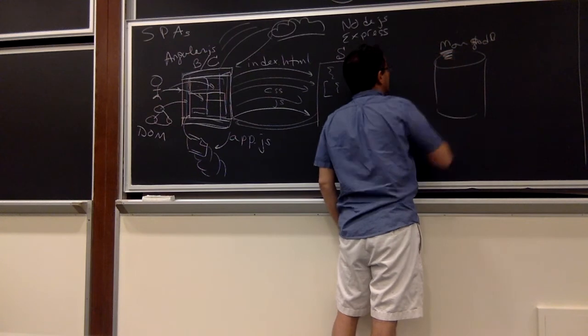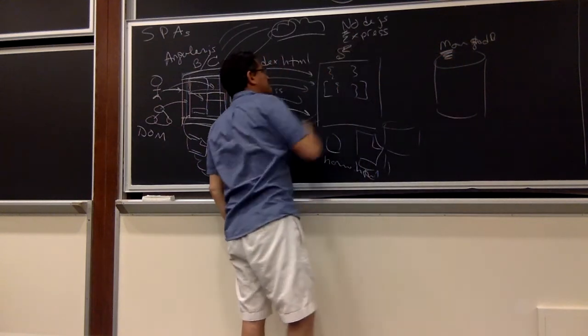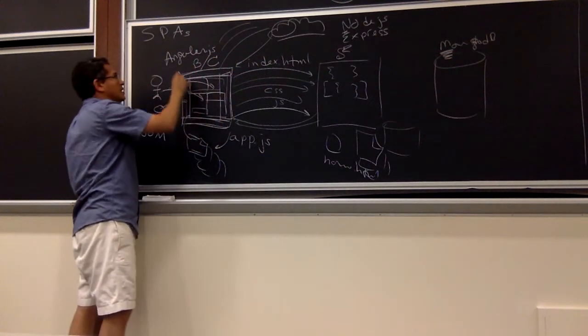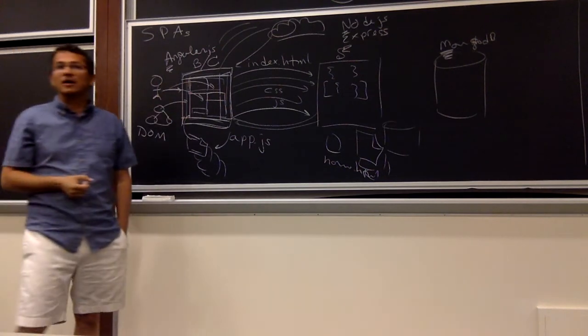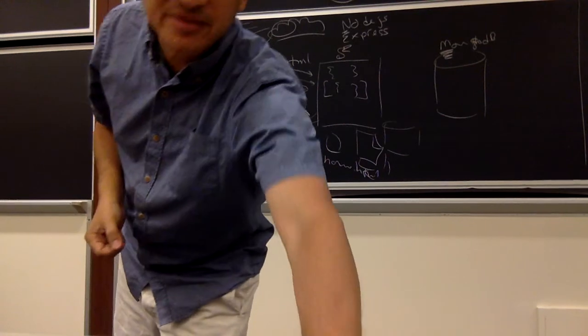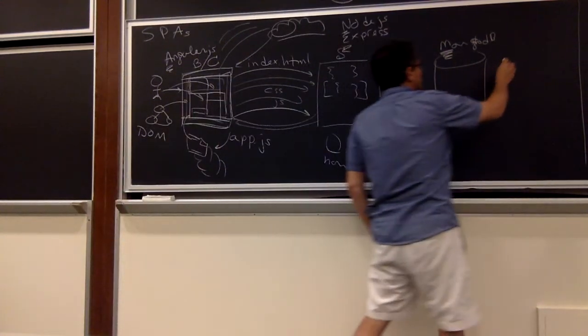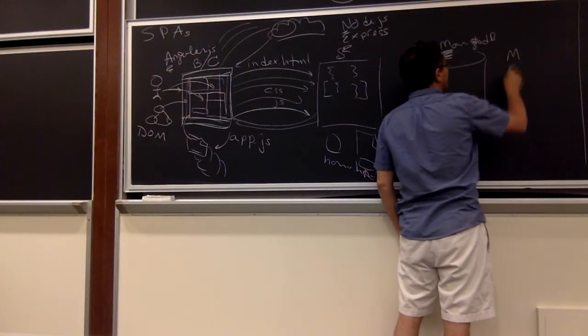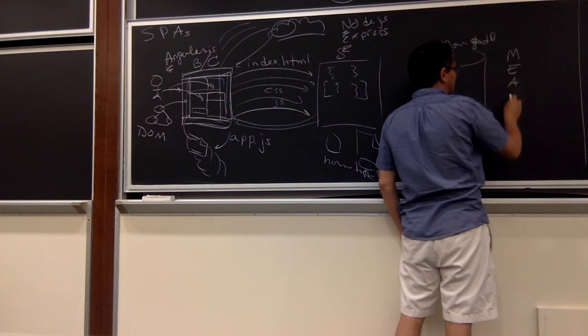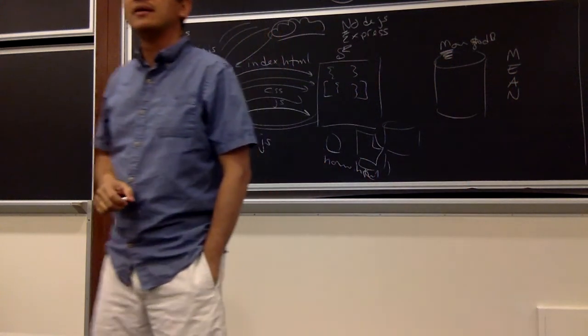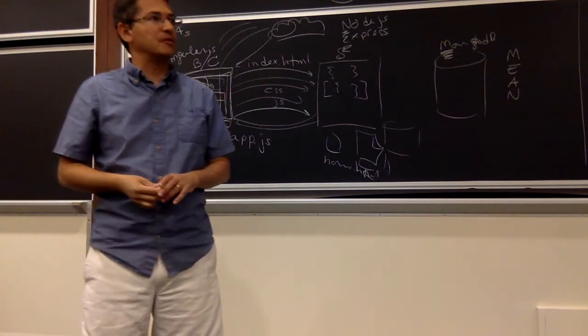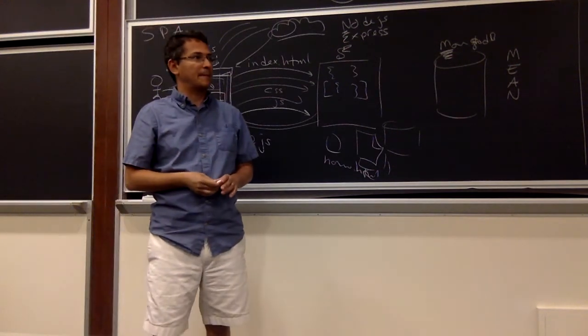And the first letters of each one of these libraries spell out the stack that we're going to be looking at this semester, right? Which is the MEAN stack. So M for Mongo, E for Express, A for Angular, and N for Node.js, right? And that's the stack that we'll be focusing on for the semester.